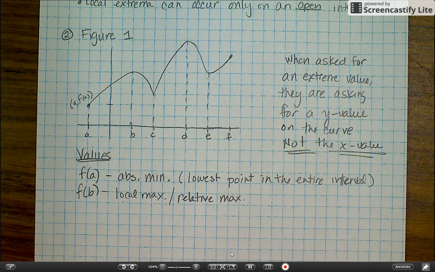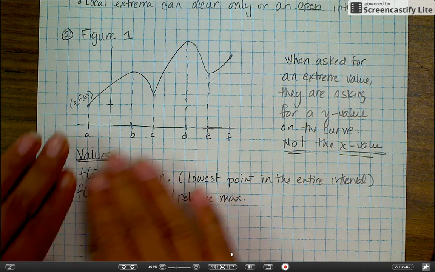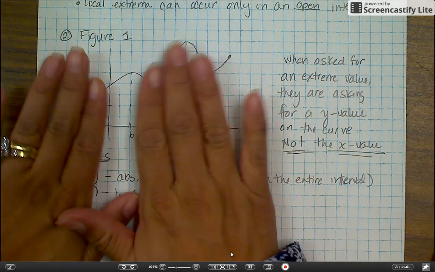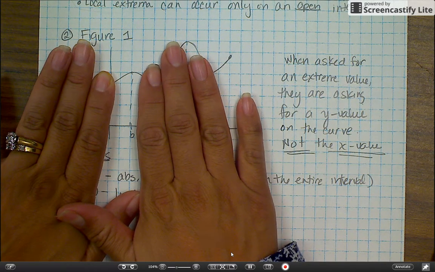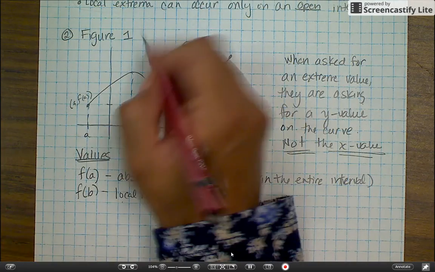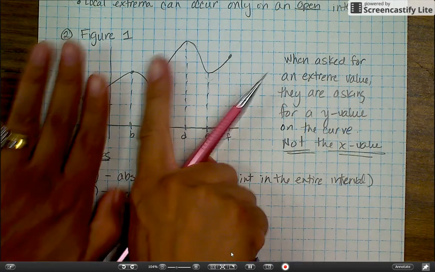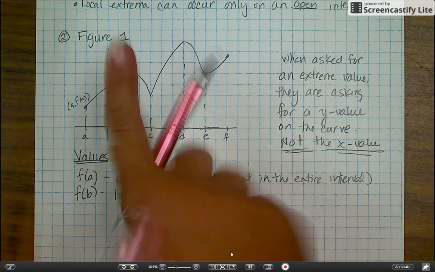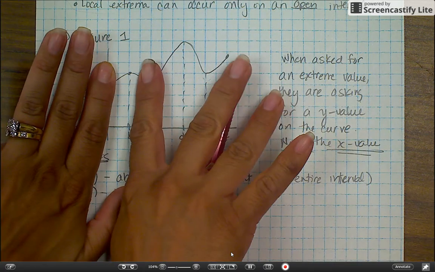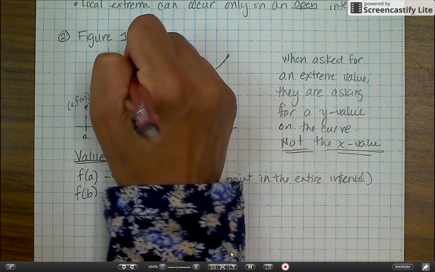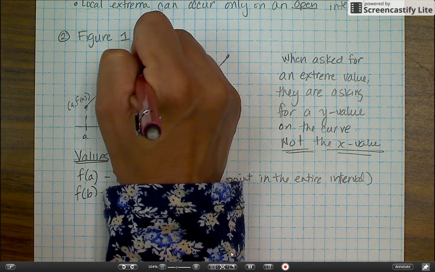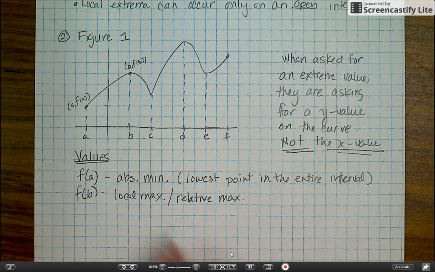What they mean by that is if you do not look at this whole interval, but if you look locally around this point here, x equal to b, that this f of b would be a maximum if you look at that small little interval right there. So b comma f of b. That is a local maximum.